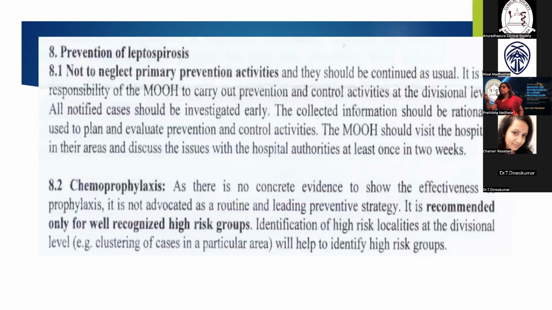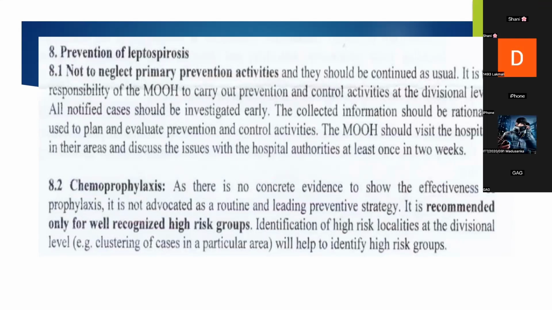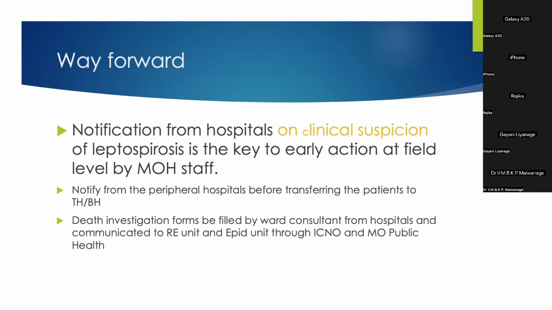Suppose there is one field where a couple of cases came, we can give it to those people who are working in that field only for a given time, like 6 weeks. Other than that, we are not advocating blanket coverage of doxycycline, not giving each and every person doxycycline haphazardly. So I would like to emphasize that matter also.